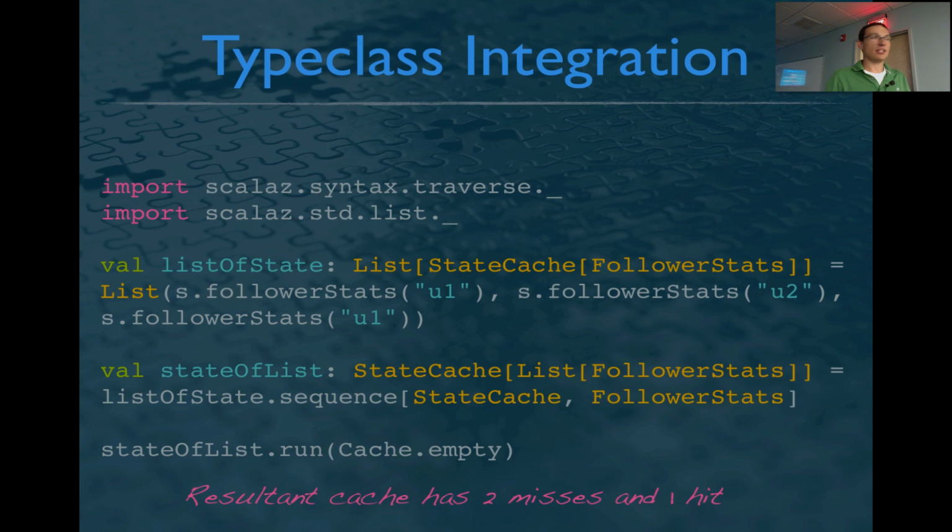None of those effects actually occur until you call run. Now, you don't care about that, typically, if everything's purely functional. If I have full referential transparency, follower stats is implemented purely functionally. That doesn't matter necessarily, at least from a reasoning perspective.